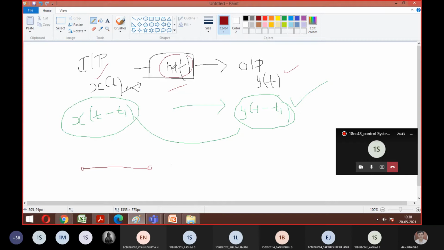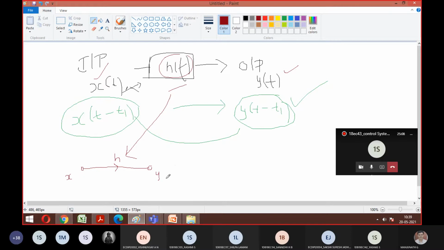Correct? This is your block diagram representation. If I represent the same thing using a signal flow graph, this is how it looks. x of t is here, y of t is here, and there is a gain, that is your h of t. You got how I wrote this from this? Is this first point clear? Yeah. This is what I'm trying to explain.